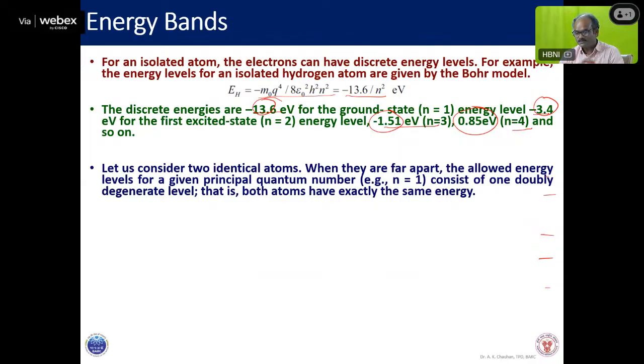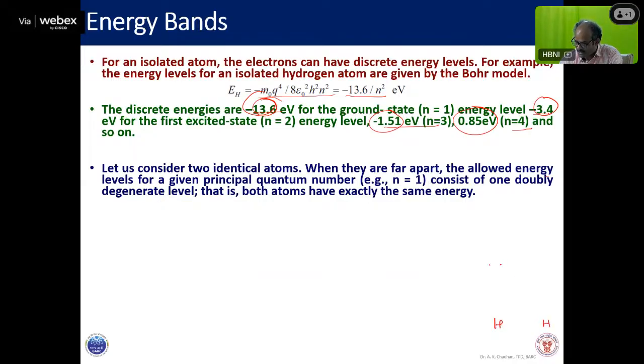So this was one atom. Now let us see two atoms. I have another hydrogen atom. When they are far apart, the allowed energy levels for a given principal quantum number consist of one doubly degenerate level. Suppose I consider only these energy levels, with one hydrogen atom here and one hydrogen atom there.